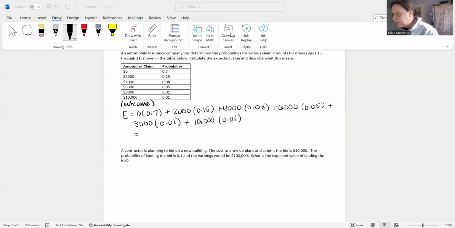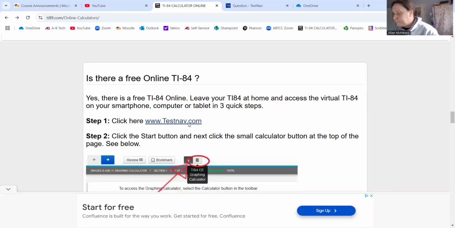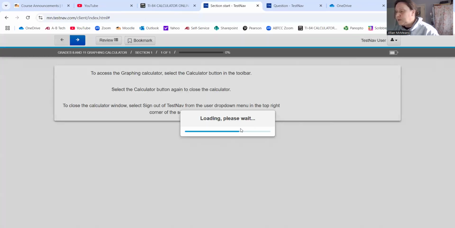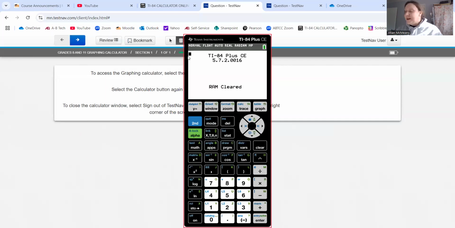Is it this one? So this is my easy access online calculator. Okay, so right here, what we're going to do is we're going to take each claim amount, multiply it by its probability. So we had 0 times 0.7. We had 2,000 times 0.15.